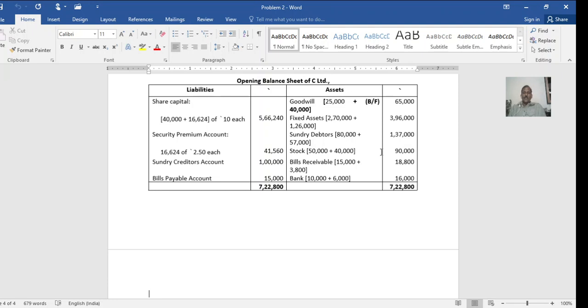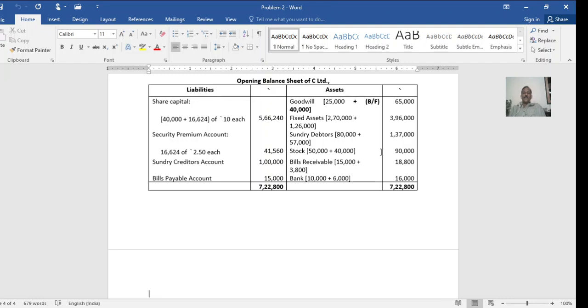Thereby you'll get a 40,000 difference highlighted, which is shown in bold letters there, right. So that 25,000 in case of B Limited, 40,000 in case of A Limited, total 65,000. Fixed assets together, sundry debtors also together, stock together, bank together.